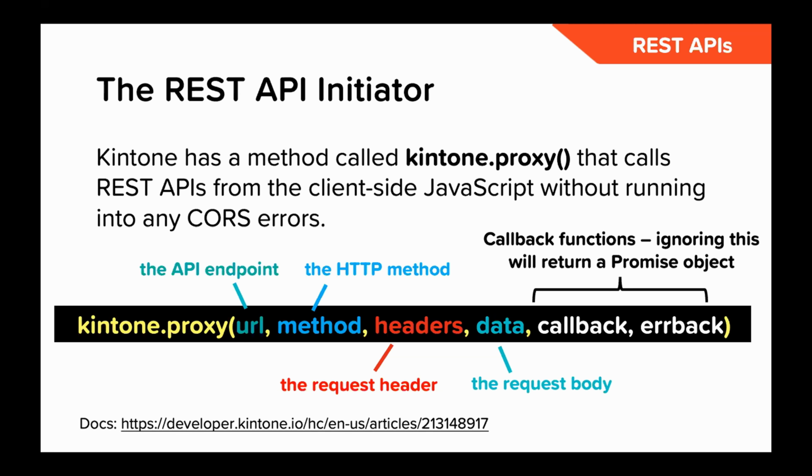What am I expecting to get from them, which is the method? What kind of package are they expecting to get from me? There's the method. What other information do they need from me in order to process the request? Do they need special authorization? Do they need data from me? So all of these different parameters in this function give me what I need in order for this request to be successful.